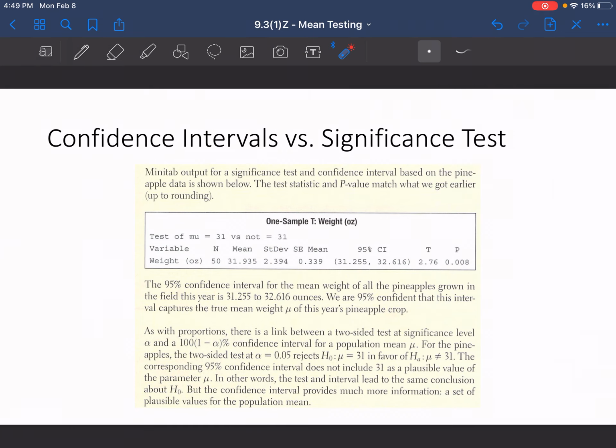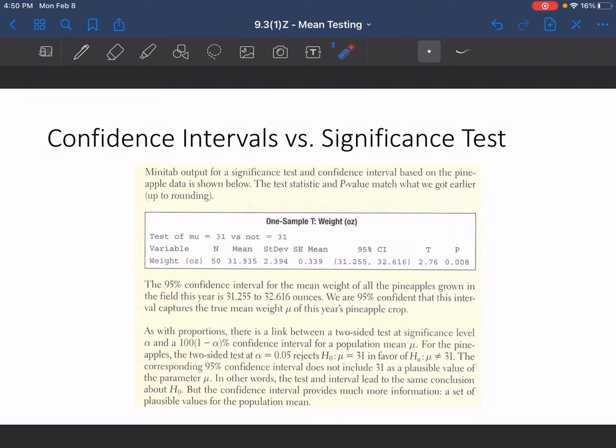Now, finally, one last thing. Let's look at the difference between confidence intervals and significance tests as a whole. So let's say that for that same problem, we were given Minitab output for the significance test and confidence interval based on the pineapple data shown before. The test statistic and p-value match what we got earlier, up to rounding.